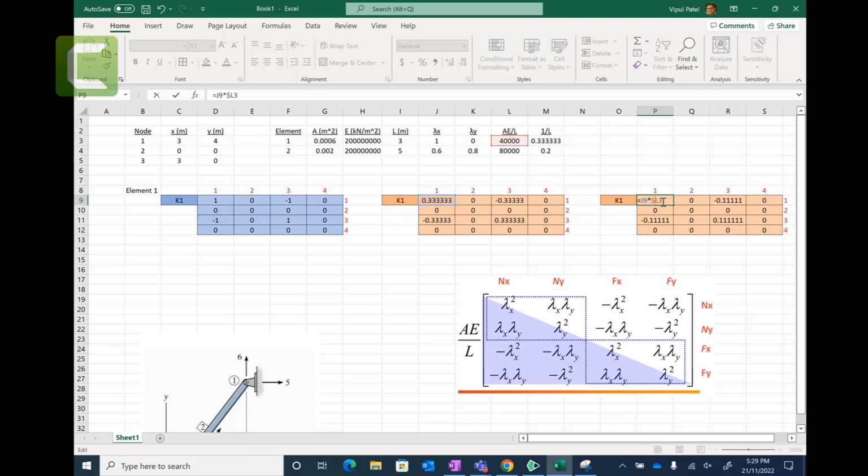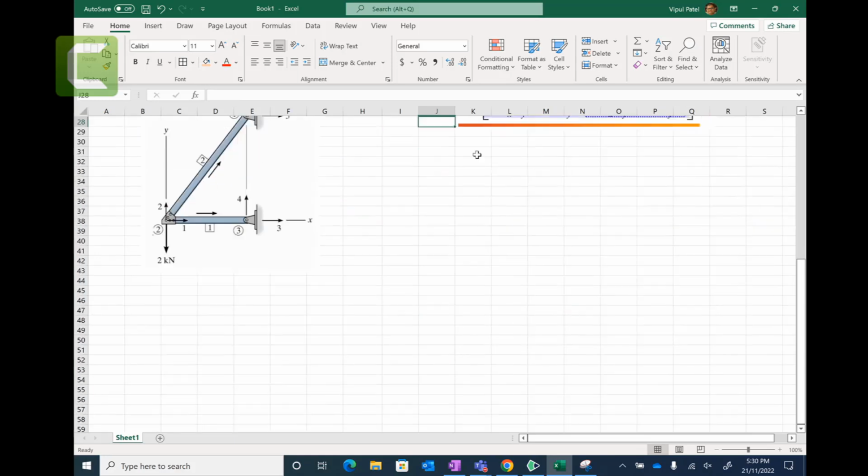Lock it means we don't want it to change. Dollar 3, and then when you do these ones, look, they don't change. See, K9 changes because here you have J9, K9 becomes that, but the locked one did not change. So we can just go across and here. So that is your K1s, whatever you want to do.